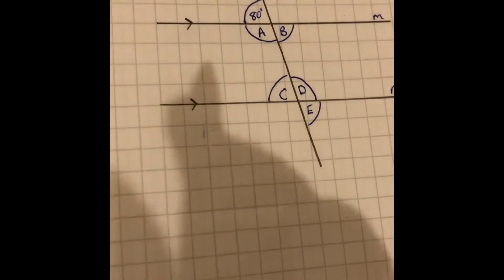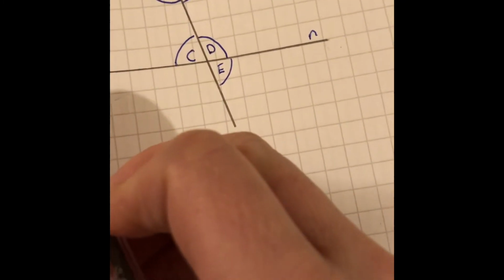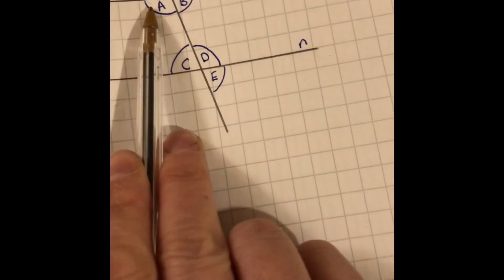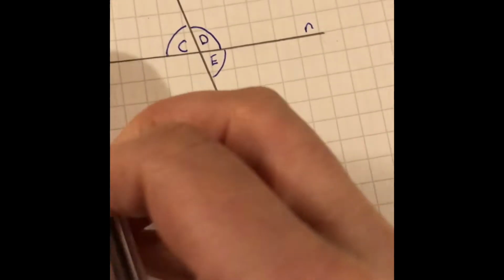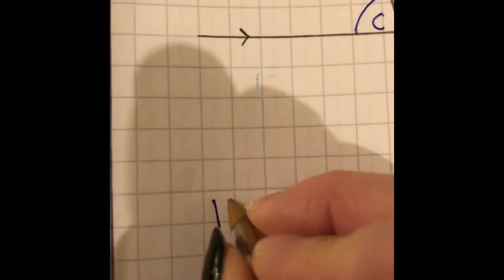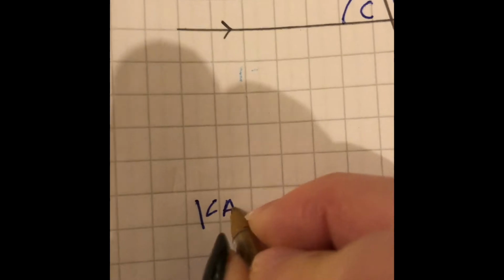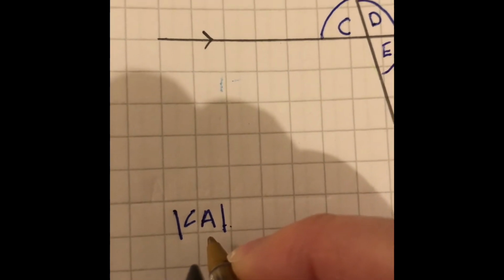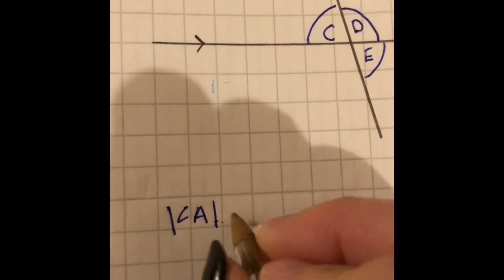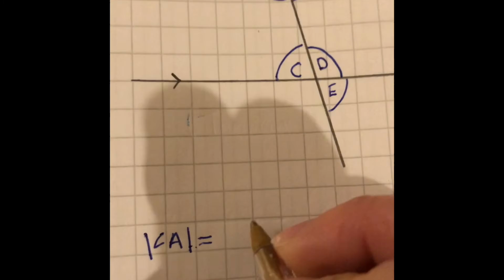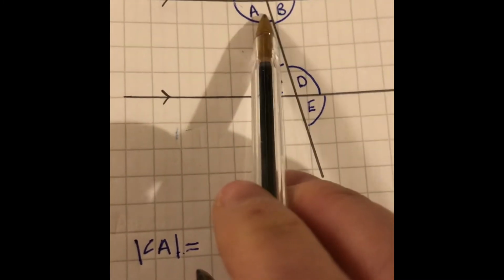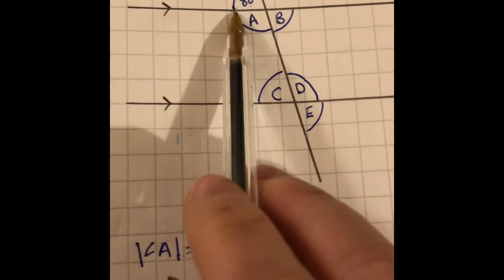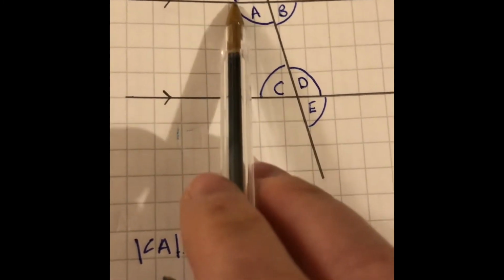Okay, so I've just drawn it out to help us here. So I'm going to start off with looking at my angle A. So I'm going to be trying to work out what the measurement of angle A is. If I look at A, along with this 80 degrees, it lies on a straight line.